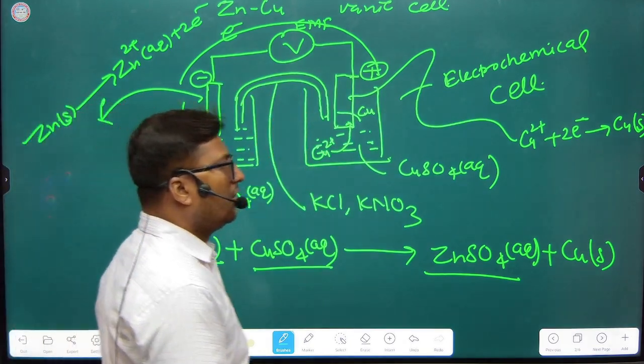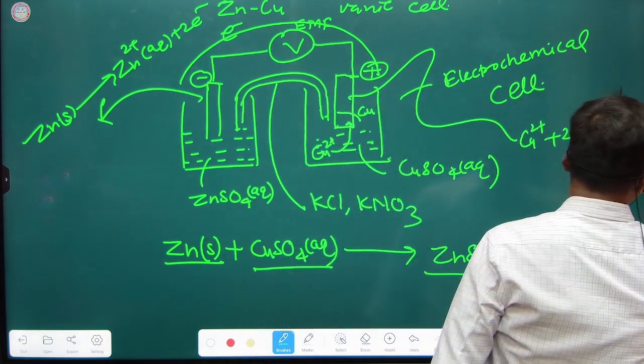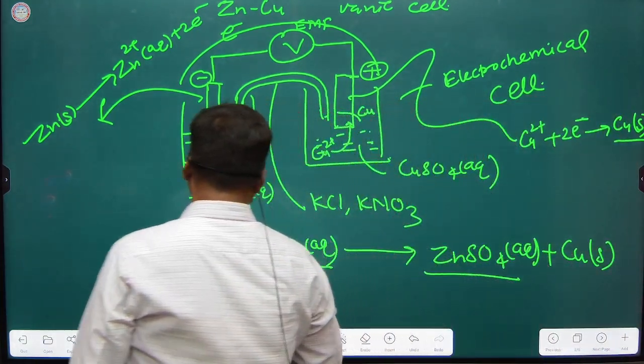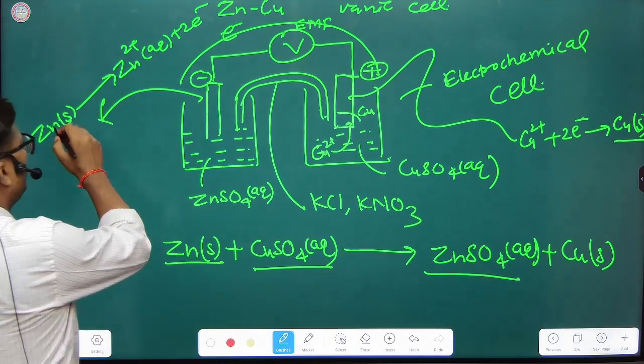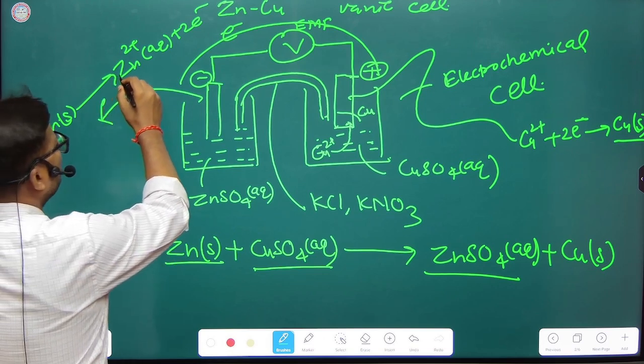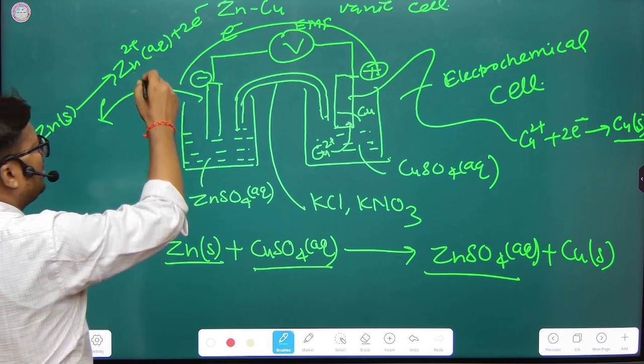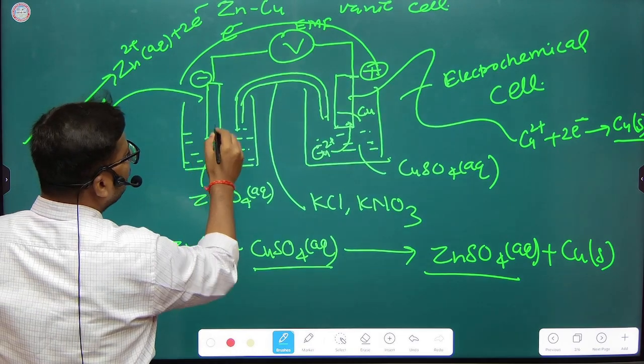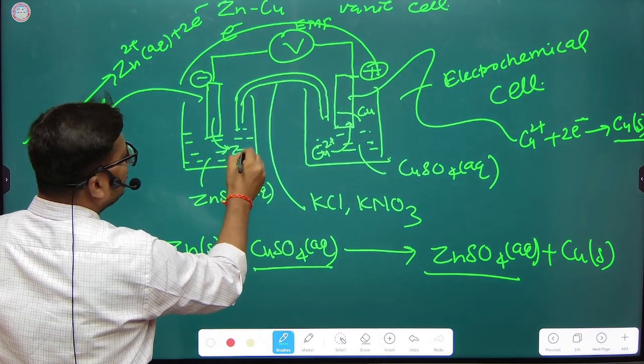So this is copper solid. Now this zinc solid is dissolved by oxidizing. So Zn2+ is ultimately going into the solution, right?